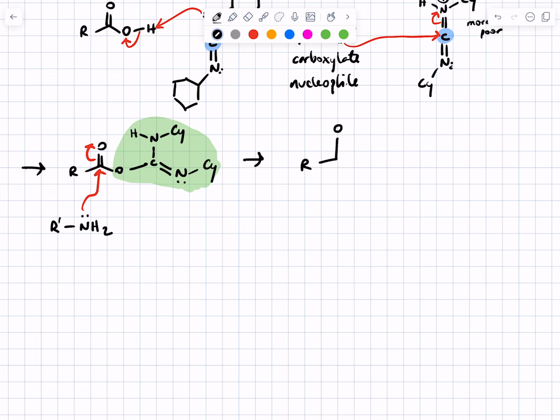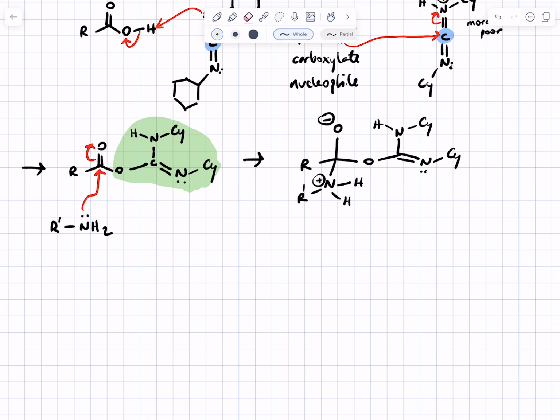That's going to look like this. The neutral amine, after it attacks, is going to be positively charged. And then over here, you've got the rest of that good leaving group.